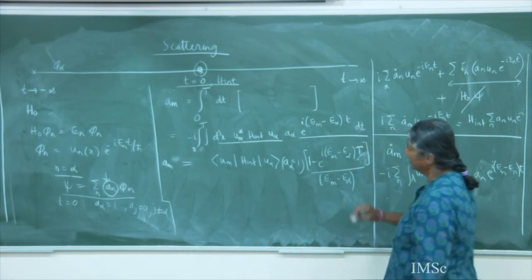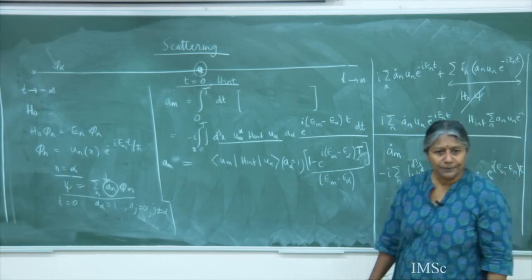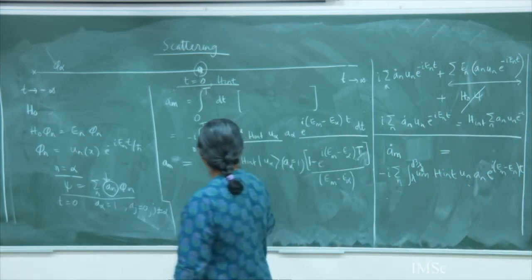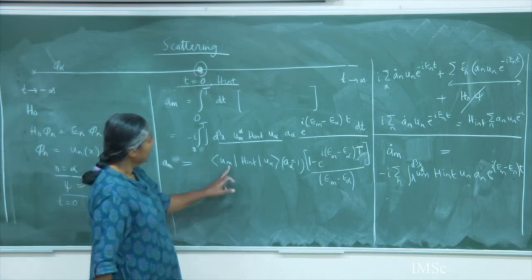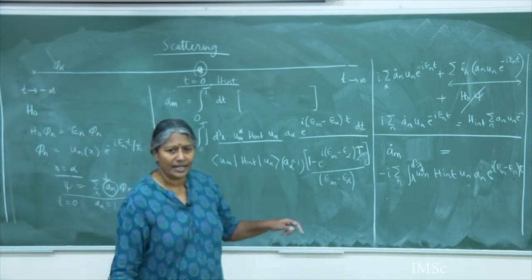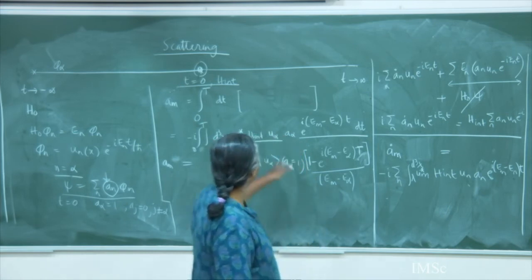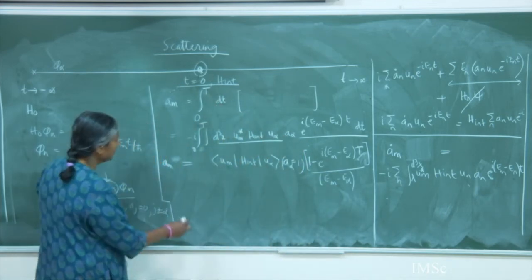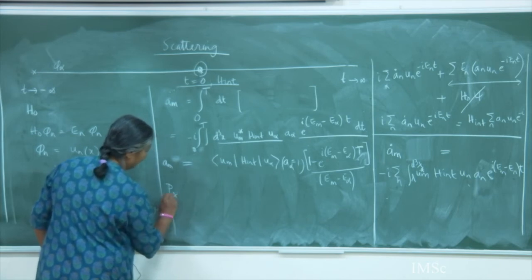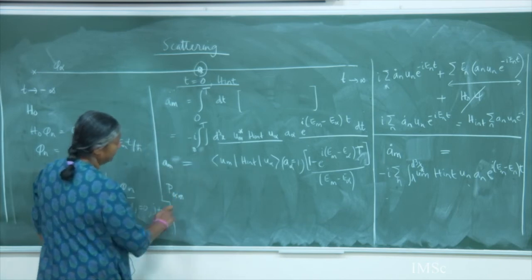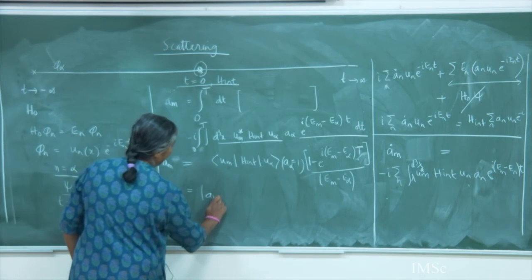So now we are here. This is the probability amplitude that a system which started in state alpha is going to be observed as state M after a time capital T. So what will be the probability? The probability that some state which started out in alpha goes to state M is given by AM squared, right?